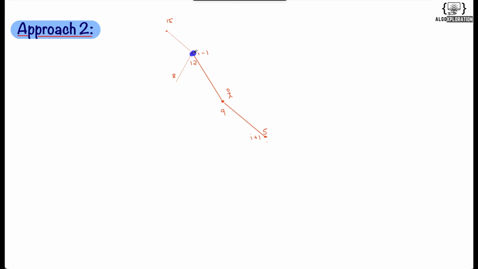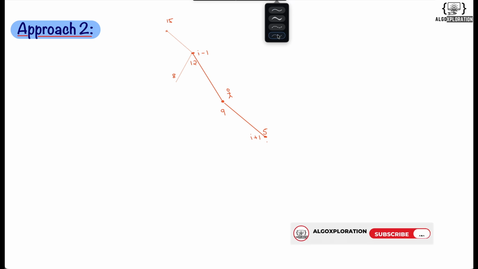But similarly, let's imagine that we are going on the right hand side. Here also we will be having two cases in which the value present at i plus 2 is greater than 5 or it is lesser than 5.